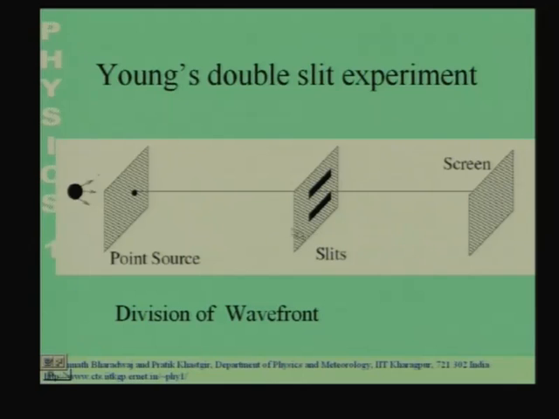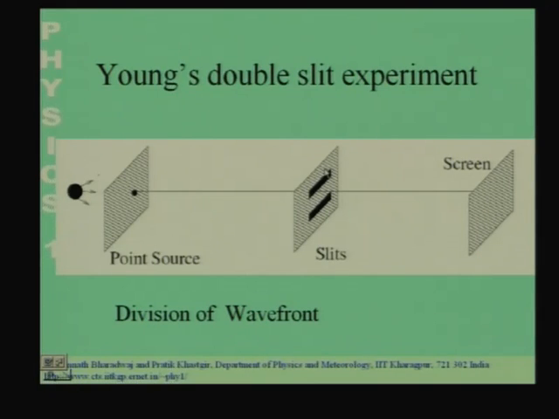I had told you that the Young's double slit experiment works by the division of wave front. The wave front incident on this obstruction is divided into two by the two slits.